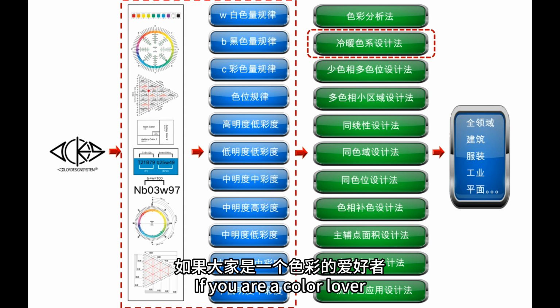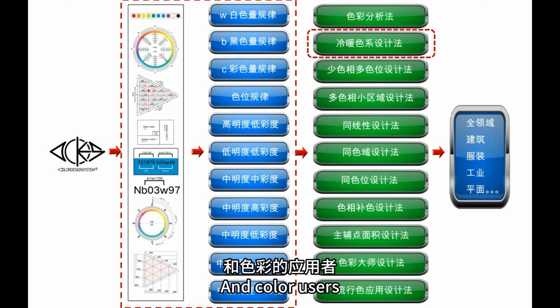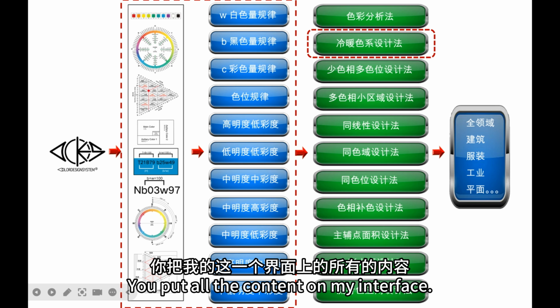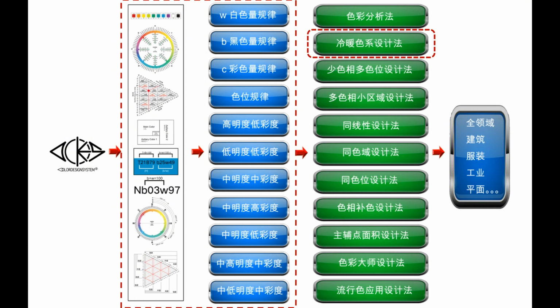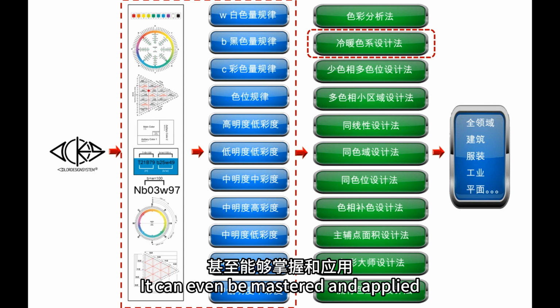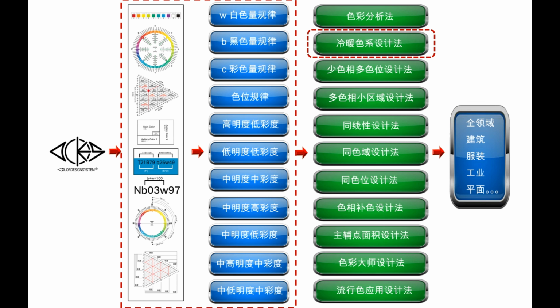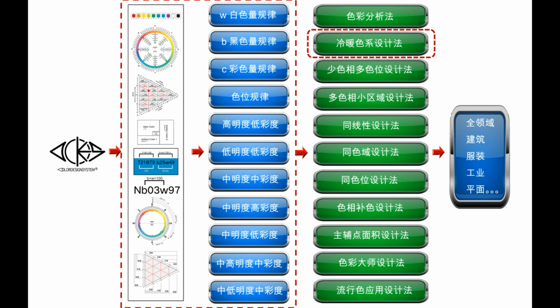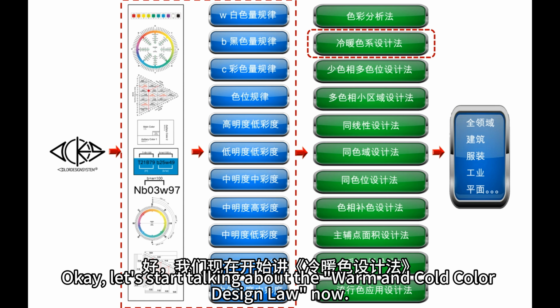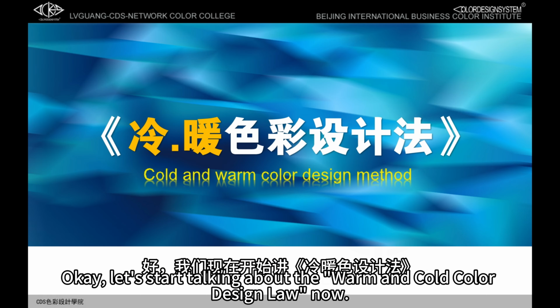If you are a color lover or color user, you can understand all the content on my interface. It can even be mastered and applied. In your future application and learning of color, there's no barrier. Okay, let's start talking about the warm and cold color design law now.